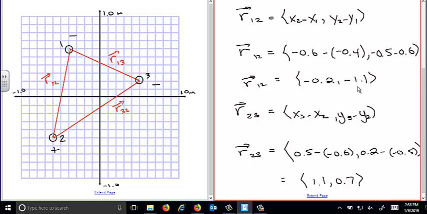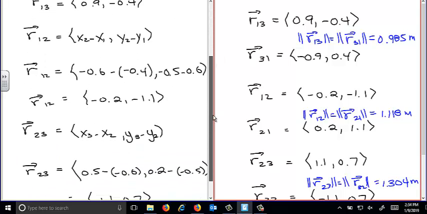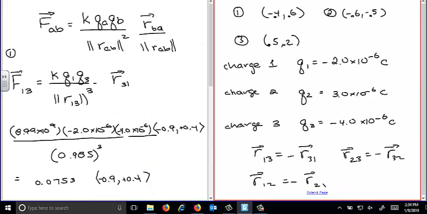And the other vectors, say R31, is just negative R13. I showed that right here. The vector from 1 to 3 is negative the vector from 3 to 1, and so forth for the other two cases.